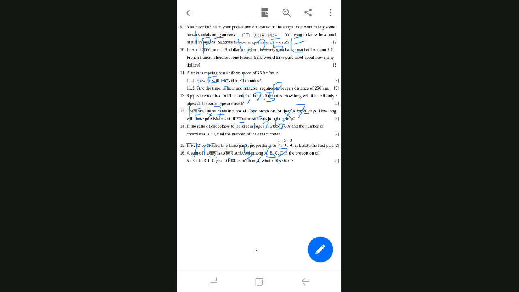Okay. So the next one, number 10, says that in April 2000, $1 in the foreign exchange market was about 7.2 French francs. Therefore, one French franc will have to purchase how many dollars?